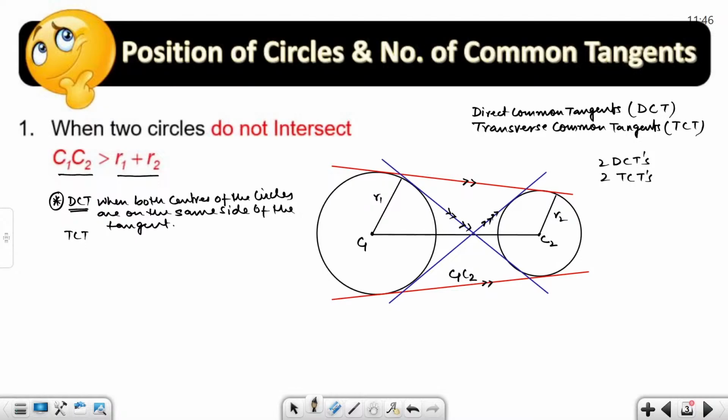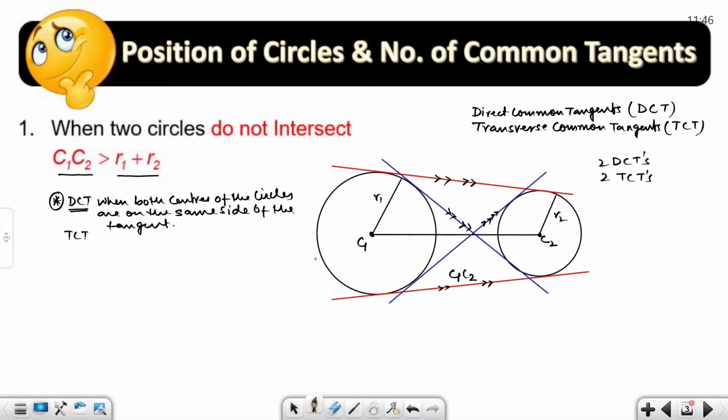When both centers of the circles are on the same side of the tangent, we call those tangents direct common tangents. Like in this case, you observe for both these red lines, the two centers are lying on the same side of the line. Hence, these two tangents are called direct common tangents.